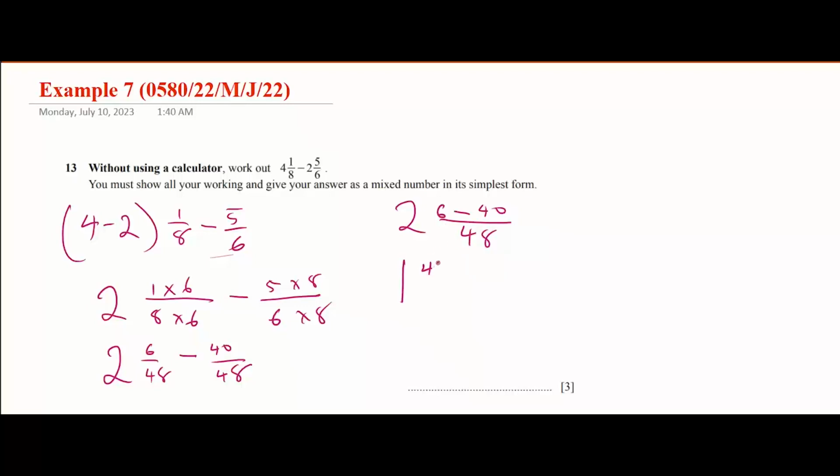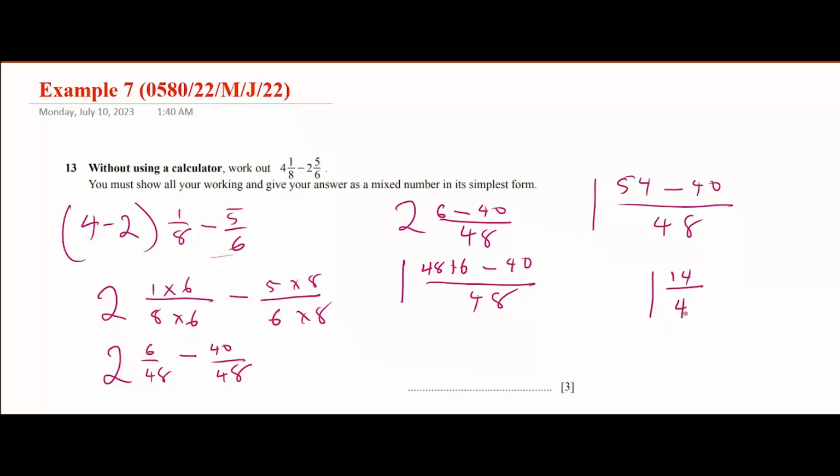So I have 48 add 6, then subtract 40, then everything over 48. So that will be 1 whole. 48 add 6, that will be 54. Subtract 40 out of 48. So this will give me 1 whole. So 54 subtract 40, that will be 14 out of 48.